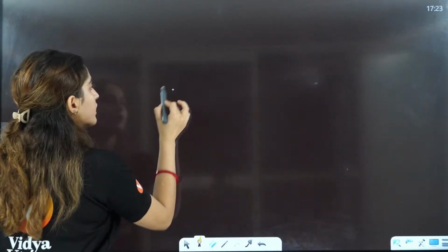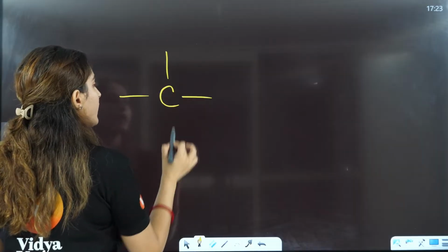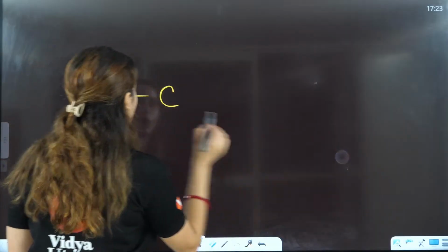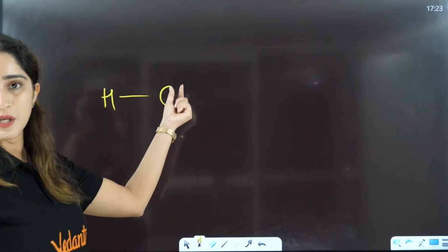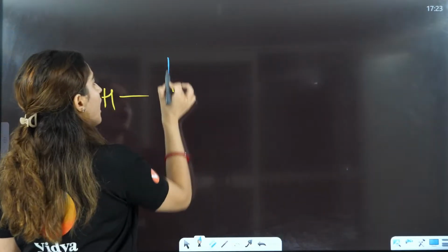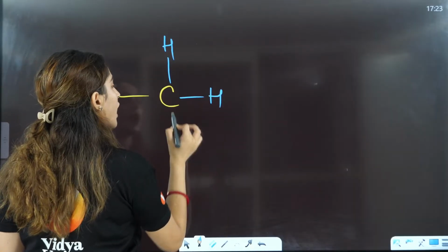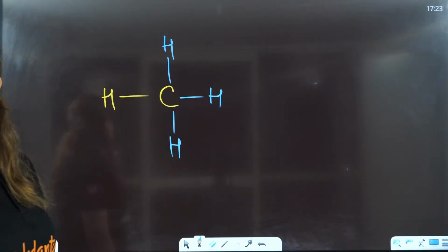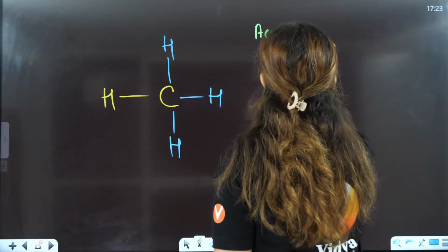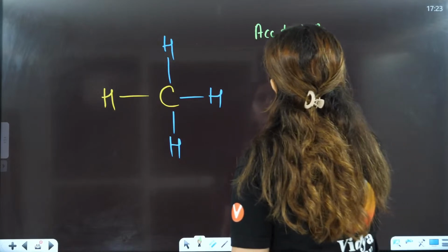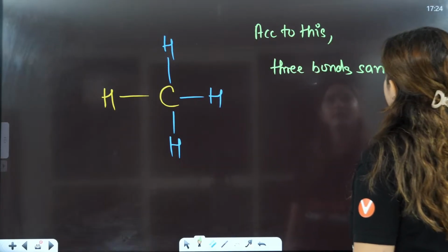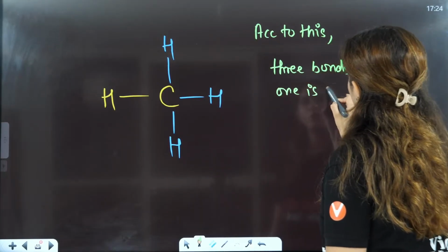In CH4 we have 4 bonds. Let's say this is a bond of C and H where you are using carbon 2s and hydrogen 1s. The rest of the bonds are between 2p of carbon and 1s of hydrogen. So according to this theory, 3 bonds should be the same, 1 is different.